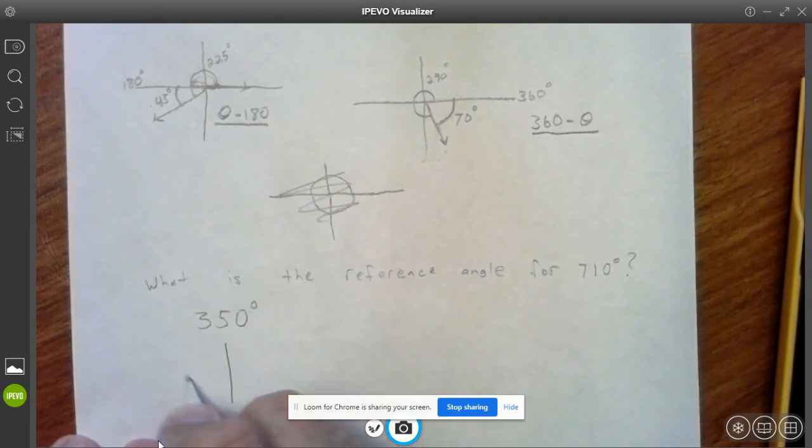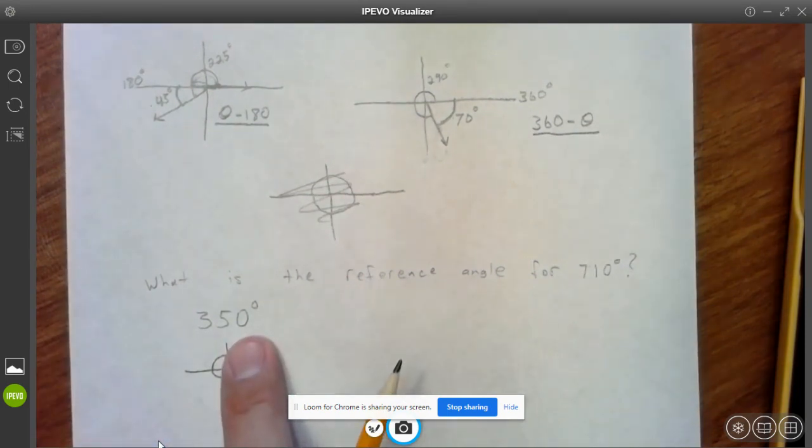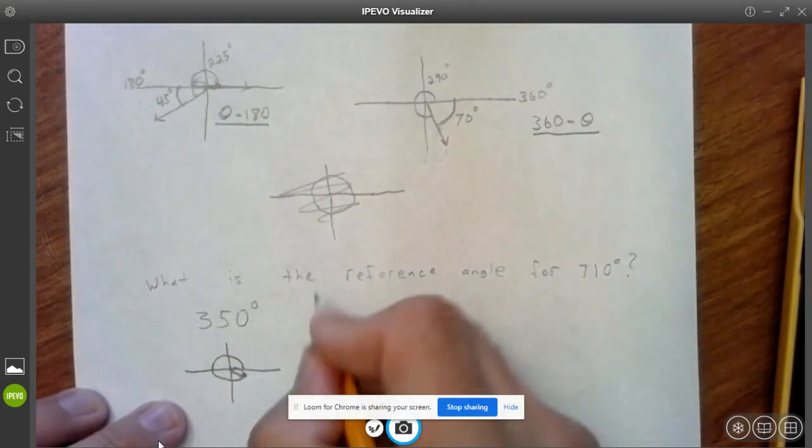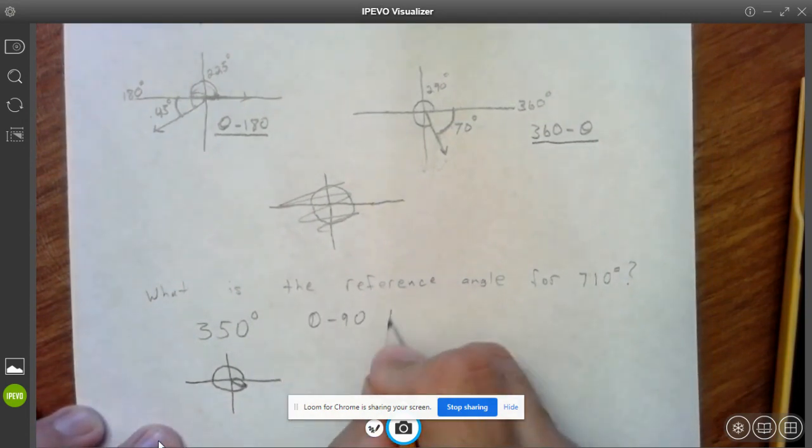You don't have to do this, but I kind of know what a 350 degree angle is. It's that little spot right there, that little smidgen. The idea is you want to find out what quadrant it's in. If it's between 0 and 90, that's the first quadrant.